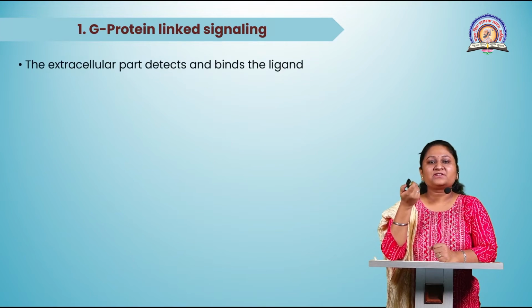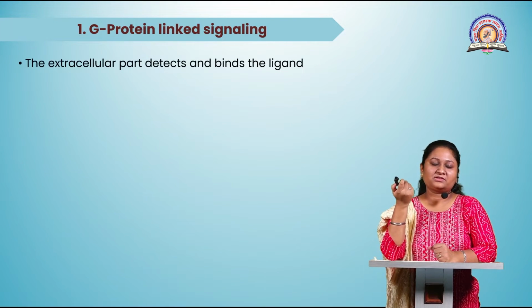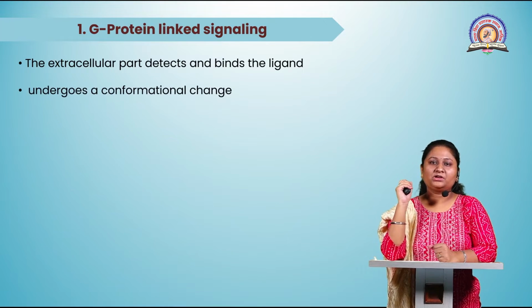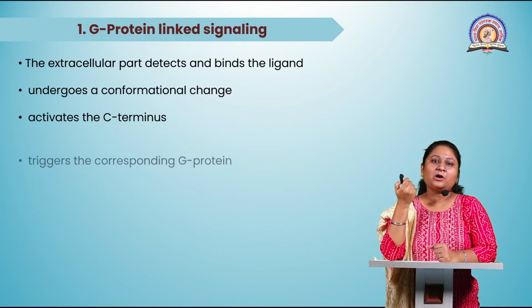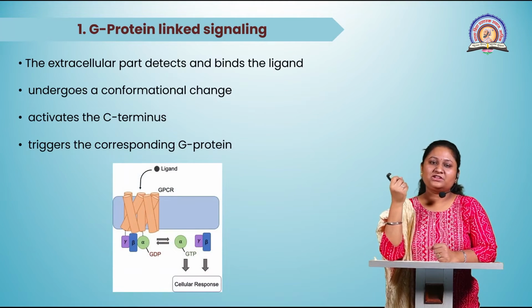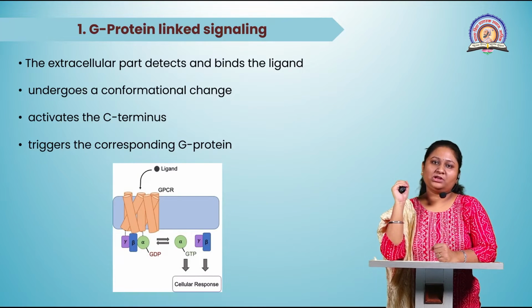When an extracellular molecule, that is your ligand or signaling molecule, binds to the extracellular part of this receptor, that is the outer part, there is an activation of the G protein. So what happens in activation? In activation, GDP is converted to GTP.